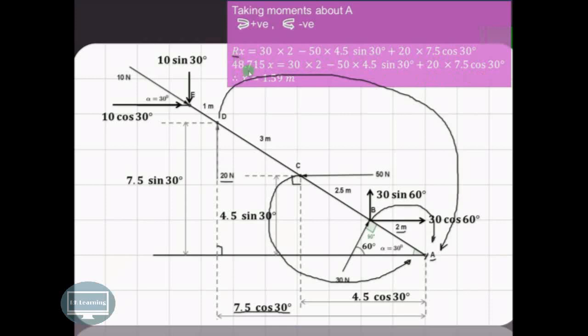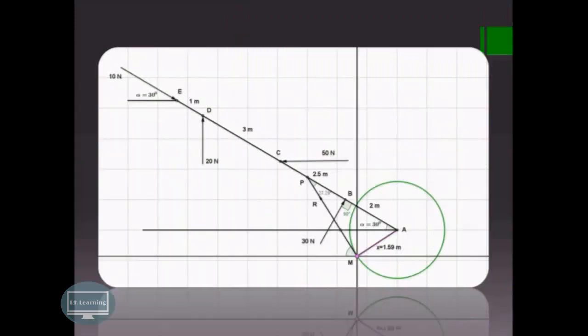So substitute the value of R, that is 48.715, and we get the value of X as 1.59 meter. So we can say that the resultant is acting in the second quadrant, at a distance of 1.59 meter from point A.